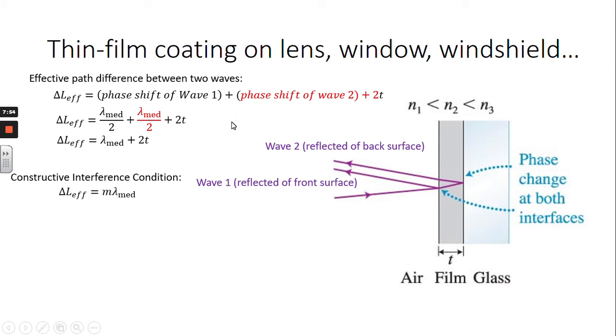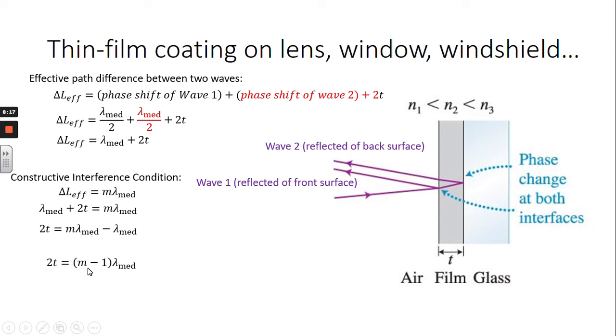Your path length is equal to m times the wavelength for your constructive interference. The effective path length here is a whole wavelength plus twice the thickness. Subtracting the lambda over to the other side and factoring it out, we end up with 2 times the thickness equals m minus 1 times the wavelength in the medium.